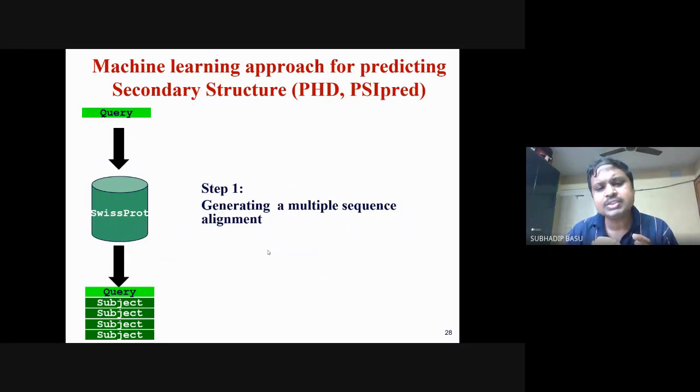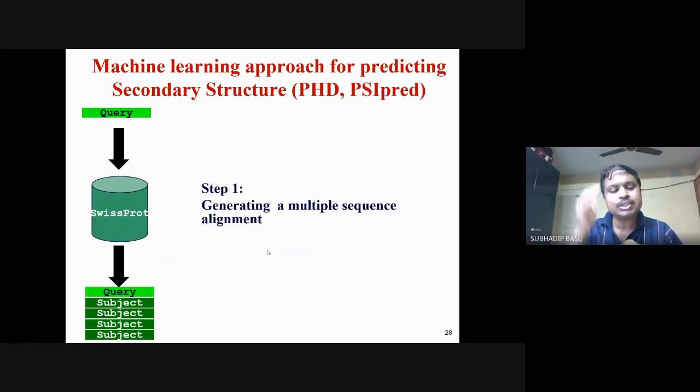The first step is to generate a multiple sequence alignment. You probe the database, and you find the set of proteins that have a significant alignment with the query protein. That is called multiple sequence alignment.